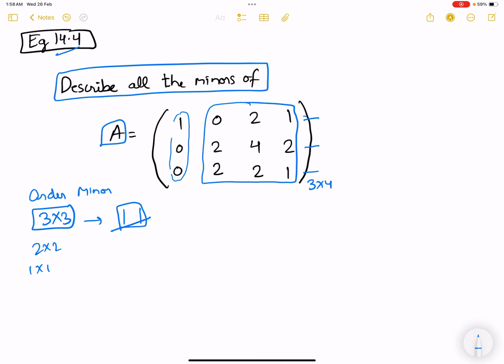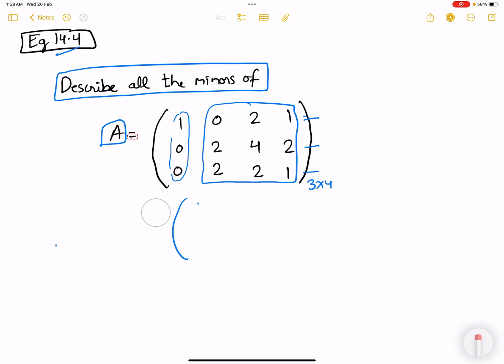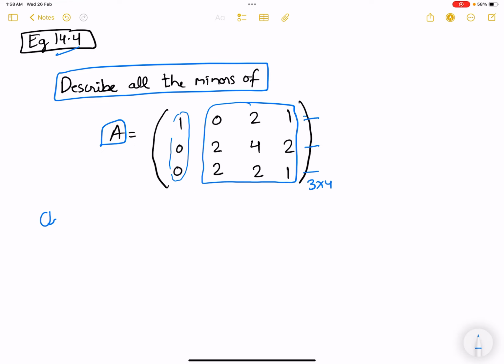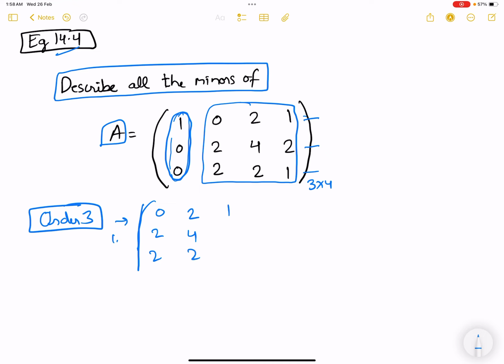In this particular question, if we're talking about order 3, the first minor would be if you remove the first column. So it is 0, 2, 2, 2, 4, 2, 1, 2, 1.